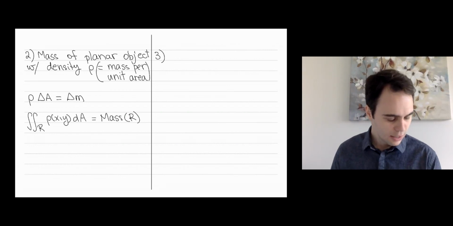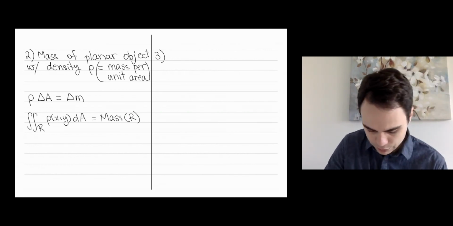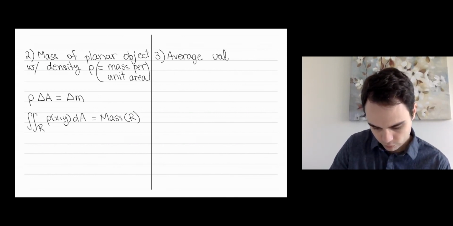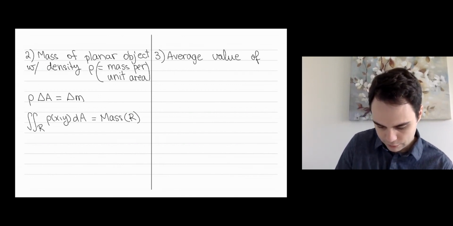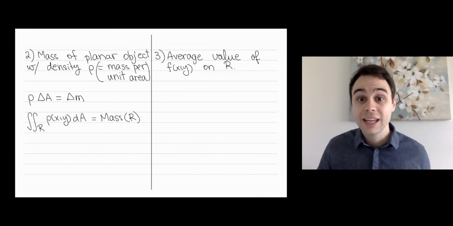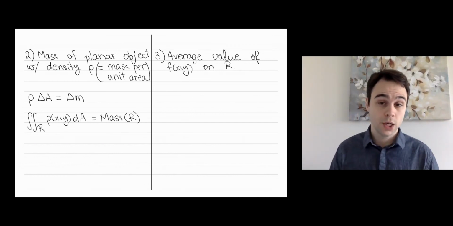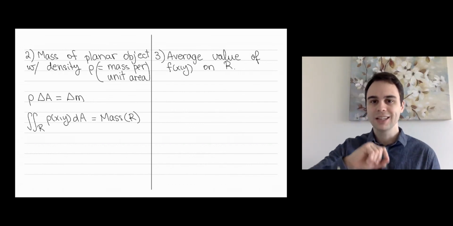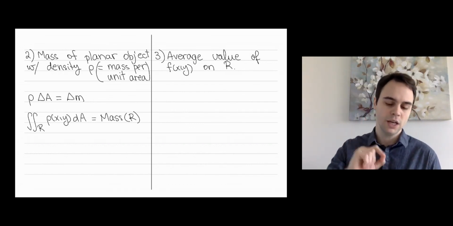So it tells us that we can use double integrals to compute the average value of a function f of xy on a region R. Right? So if I give you a function, in a region, so for each point in the region, I get a value of the function.